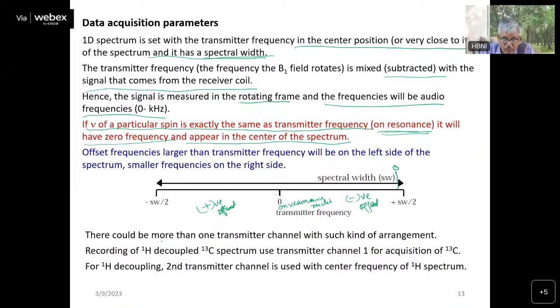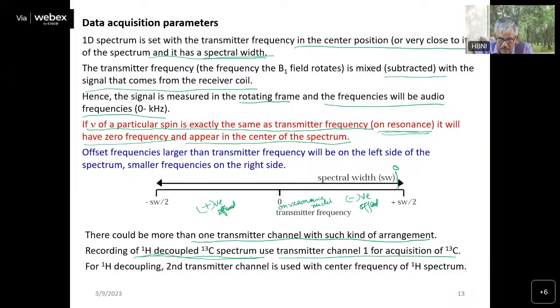Now as I told you, there could be more than one transmitter channel. You need this kind of situation when you record heteronuclei. Suppose you want to record a decoupled carbon-13 spectrum. That's why I told you there will always be two channels, or two coils, an inner coil and an outer coil. When you record a proton decoupled carbon-13 spectrum, your inner coil is tuned to carbon-13 and deuterium.